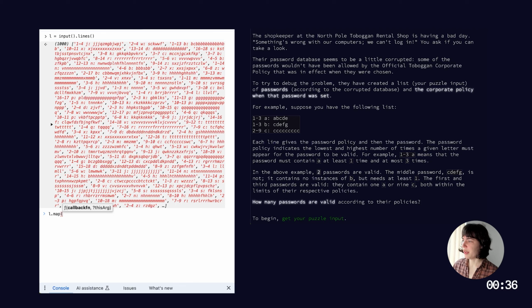Map this to the, okay, let's go with D plus brackets to the length. Then it's a letter, colon, and then the password.